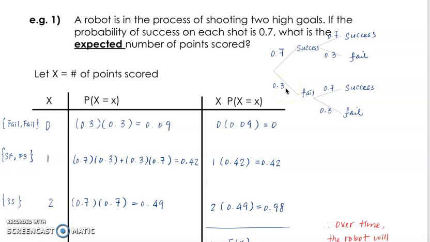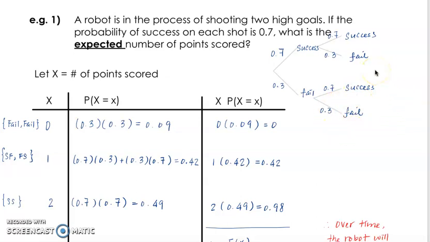When the robot makes a second shot, if it was successful the first time, it may be successful or it may fail in the second shot. Again, we put the weight of these probabilities on the branches. If the robot failed the first shot, it can either still be successful the second time or it misses. Here is the entire tree diagram.